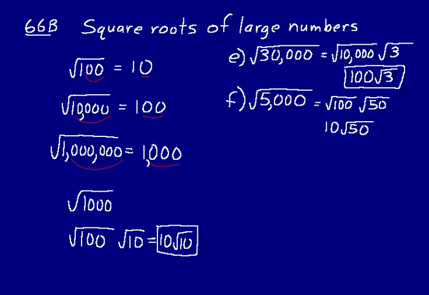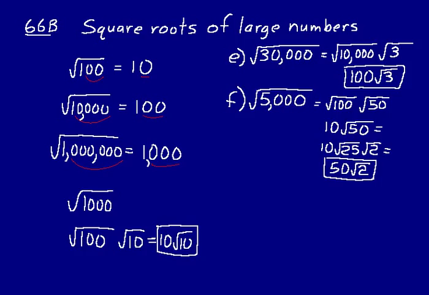Can you simplify the square root of 50? Yes, you can, because you can break that into 25 times 2. So just keep going. 10 times the square root of 25 times the square root of 2. And so that would be 10 times 5 times the square root of 2, or 50 times the square root of 2. So that's what the square root of 5,000 simplifies to, is 50 times the square root of 2.